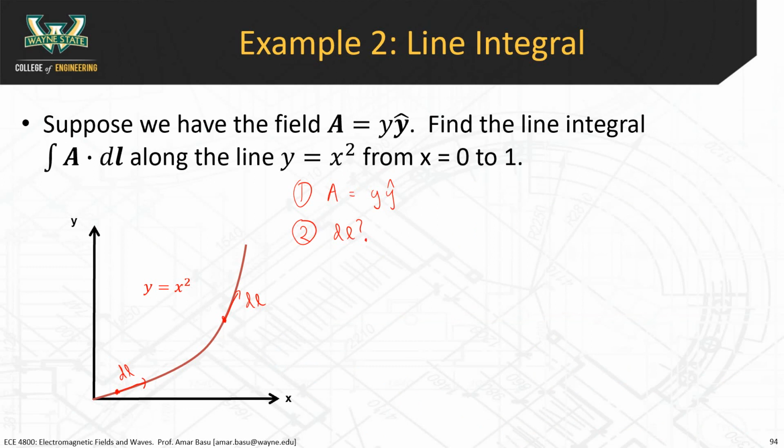So the first thing you have to look at is what coordinate system you're using. In this case, we are in the Cartesian coordinate system. And based on that, you can just look up what dl is on the charts.